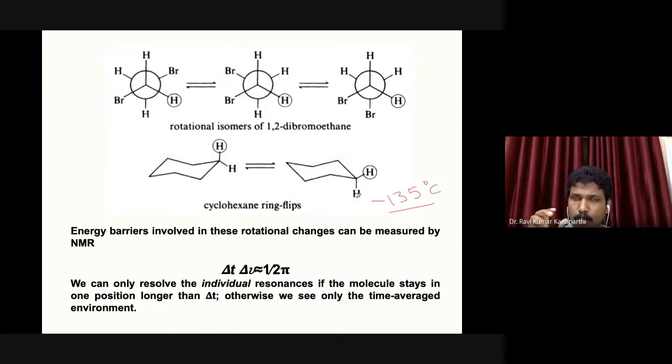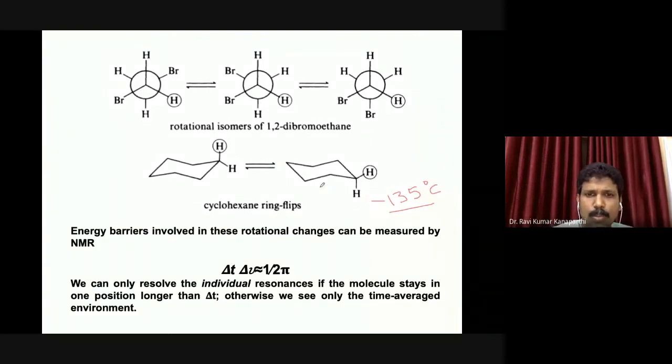The energy barrier between any two types of conformers can be estimated by measuring the NMR spectrum. You need not do any other experiment, but in older days people used this as a tool to measure the energy barrier between two conformers. I don't really remember those numbers, but I'm sure you might have remembered them, the energy barrier between two conformers, and those energy barriers are experimentally determined. This is important.